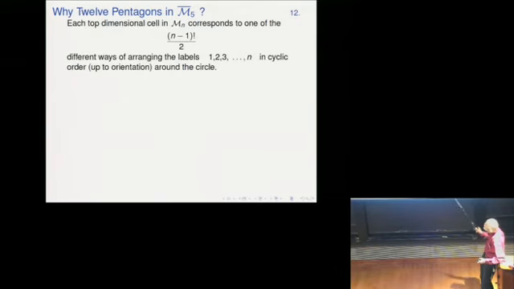You just start with any one of them and arrange the others in any way you like to the right. There are (n-1)! ways of arranging the others after the first one. And then if we flip orientation, we have to divide by 2. So that's where this formula comes from. And for n equals 5, this means there are 12 two-cells.